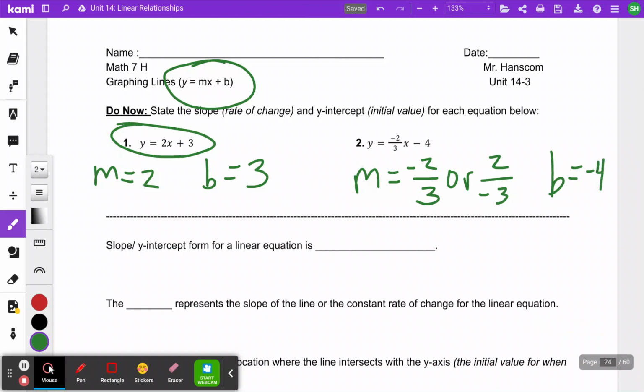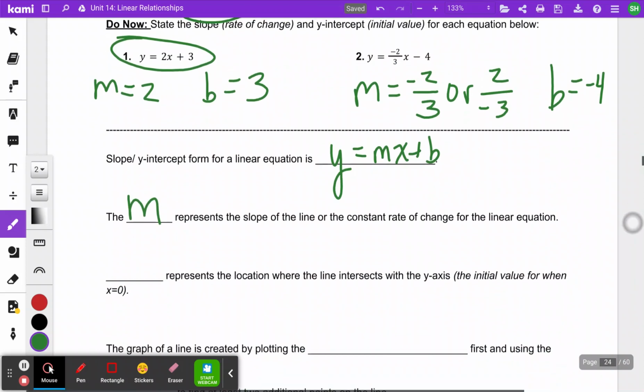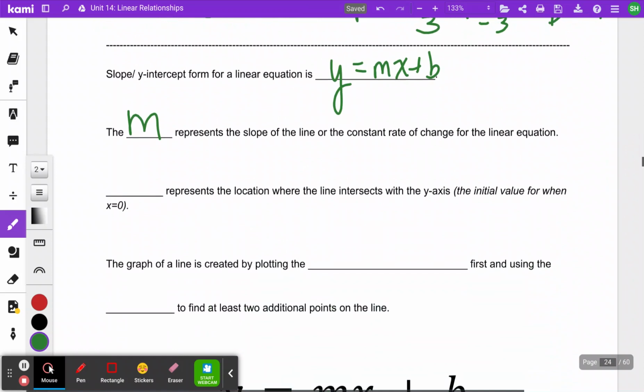So the slope or y-intercept form for a line is this y equals mx plus b. So that m represents the slope of the line, or the constant rate of change for the linear equation, whereas the b represents the location where the line intersects with the y-axis. So the graph of a line is created by plotting this y-intercept first.